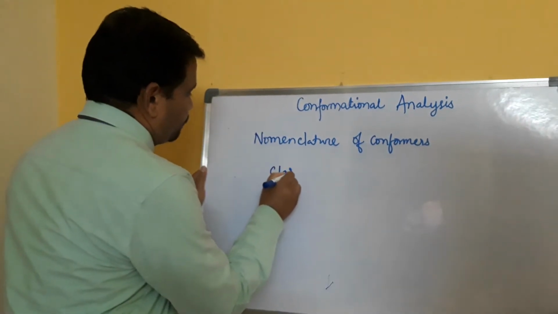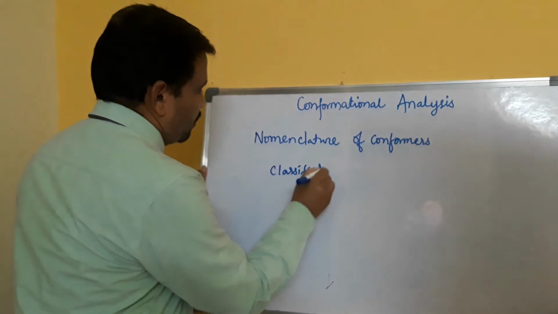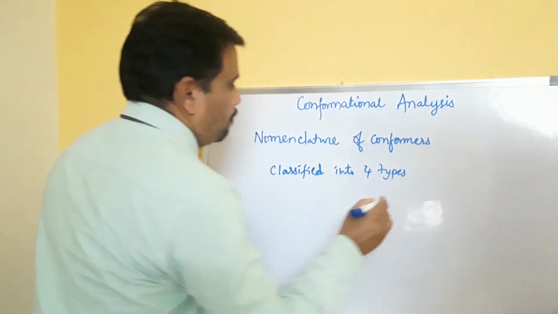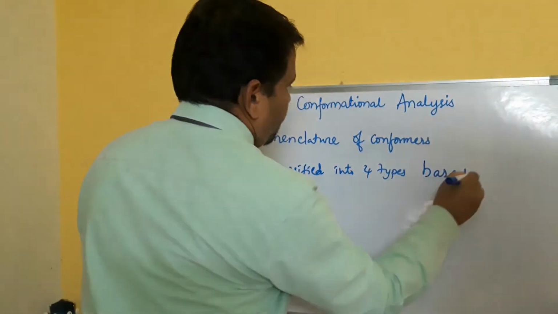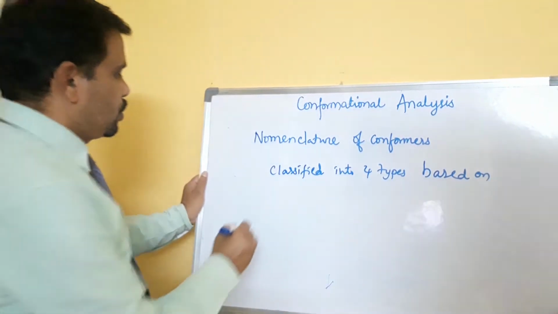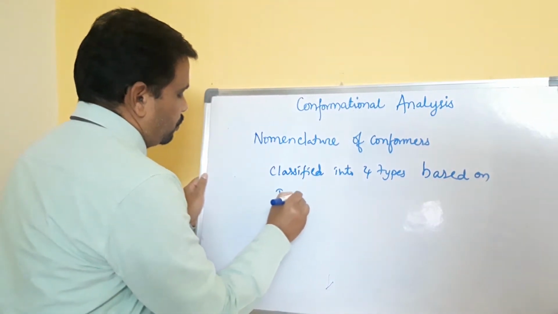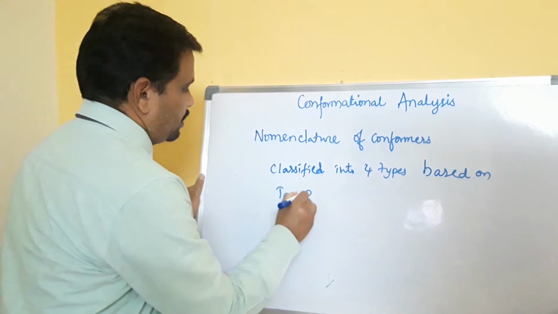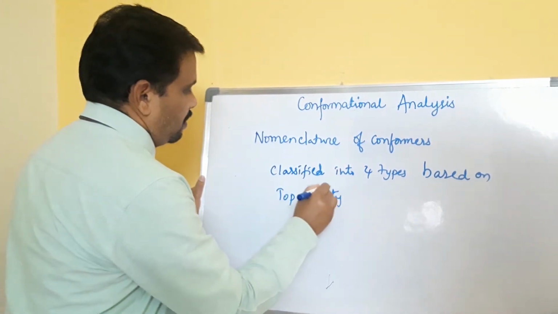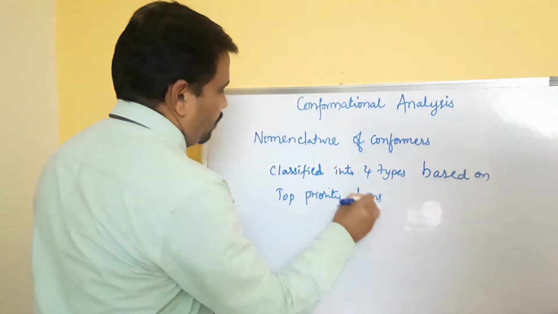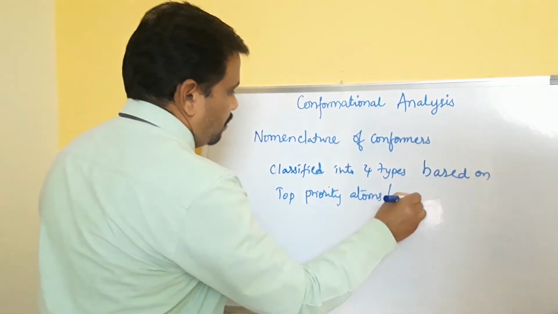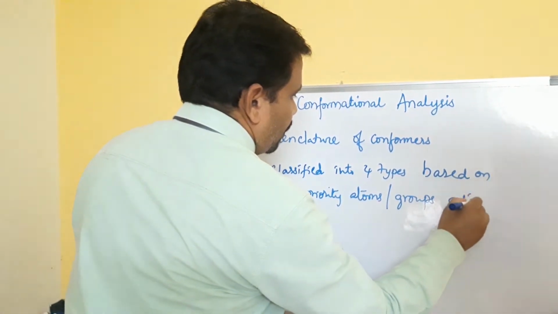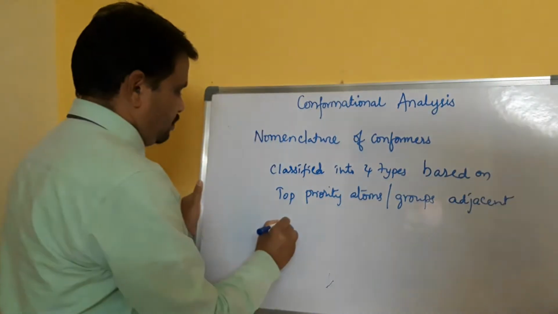Conformers are classified into four types based on the top priority atoms or groups which are on adjacent carbon atoms.